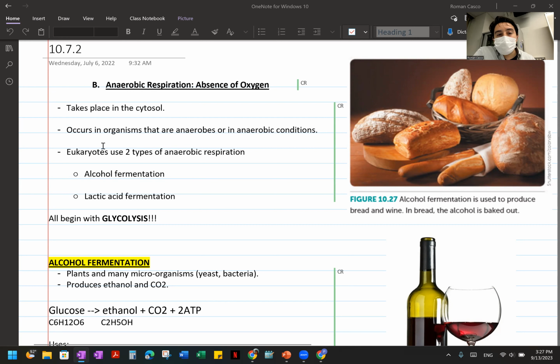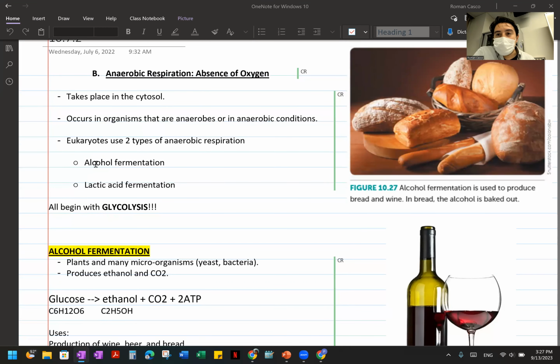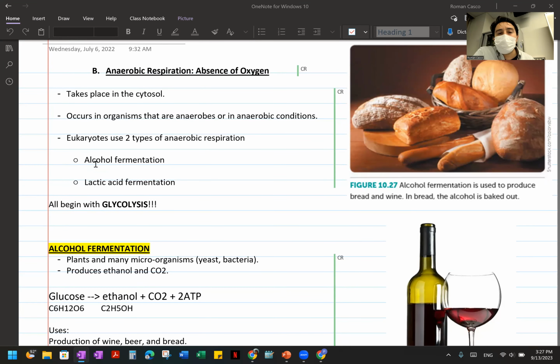Organisms that use this process are generally called anaerobes and live in anaerobic conditions where there's little to no oxygen. That is referred to as an anaerobic condition. And there are two types of anaerobic respiration, which can also be called fermentation: alcohol fermentation and lactic acid fermentation. Eukaryotes, depending on the type of eukaryote, can do one of these types of fermentation.